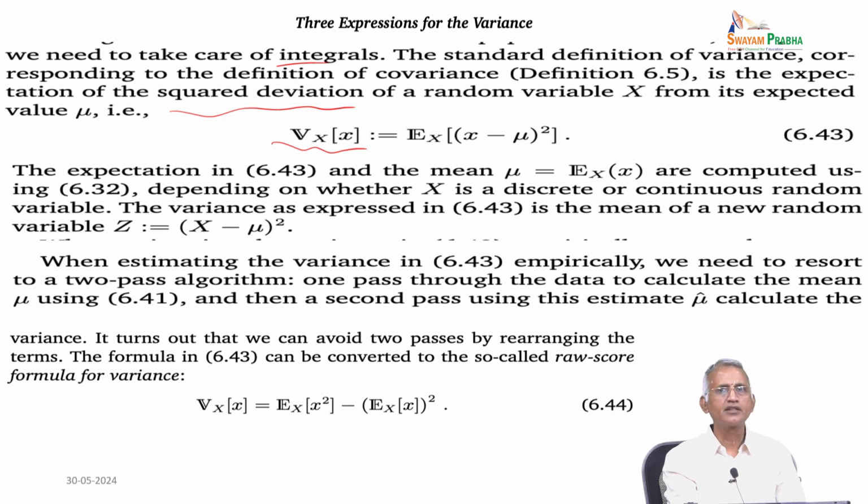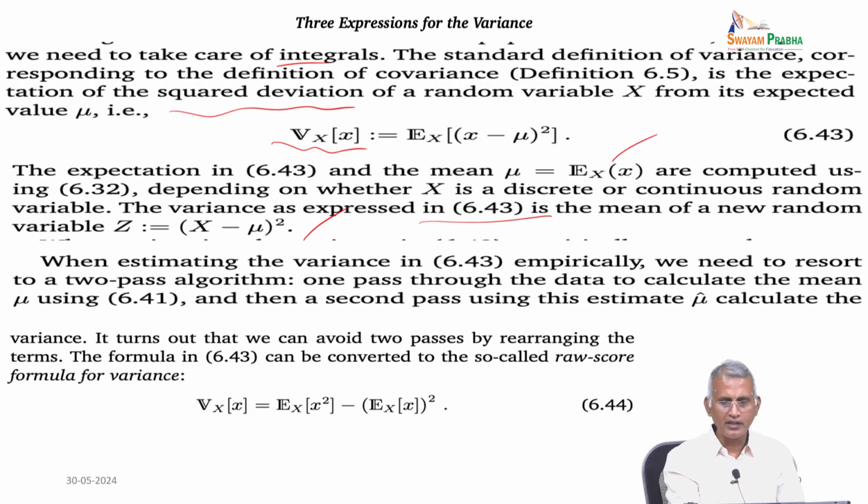The expectation in equation 43 and the mean mu equal to the expectation of X are computed using equation 32, depending on whether X is a discrete or continuous random variable. So, the variance in equation 43 is the mean of the new random variable Z equal to (X minus mu) the whole square.